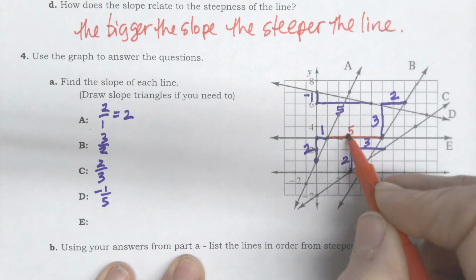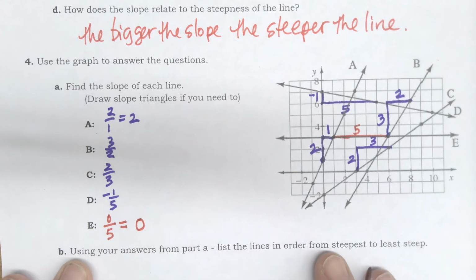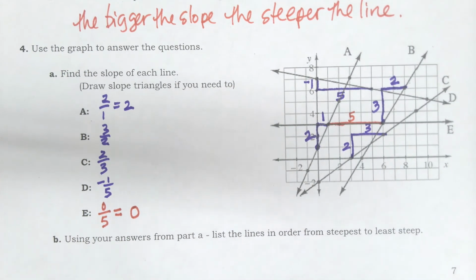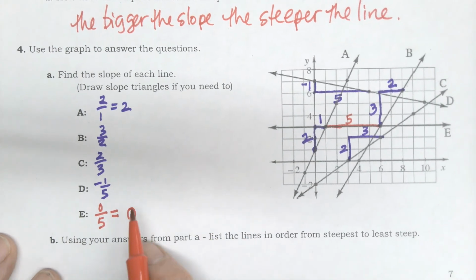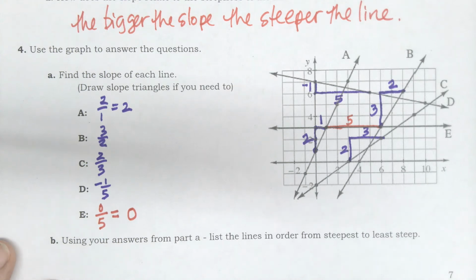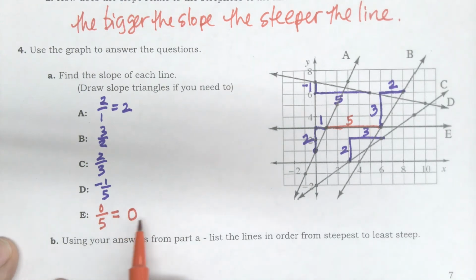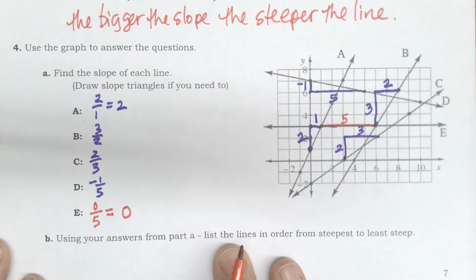So this is no rise over a run of 5. I call that 0. 0 divided by anything is 0. In fact, that's something to discuss, and when we move on, we'll talk about a 0 slope versus one that we call an undefined slope or no slope.